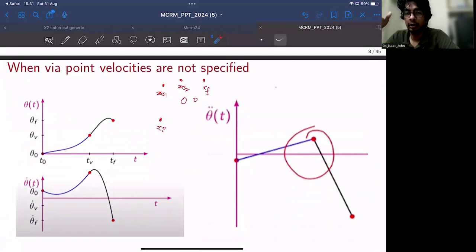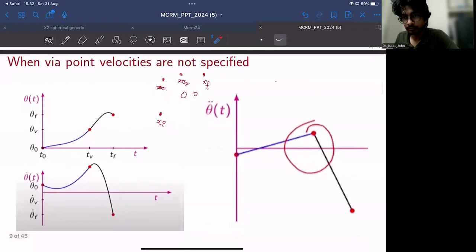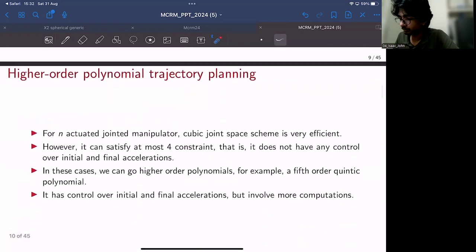It depends upon your priority. If you want to control the velocities, you will have jumps in acceleration. Or if you don't really want any specific control in velocities, but you only want to go through these via points, then you will get a smoother acceleration profile. So I hope that is clear.